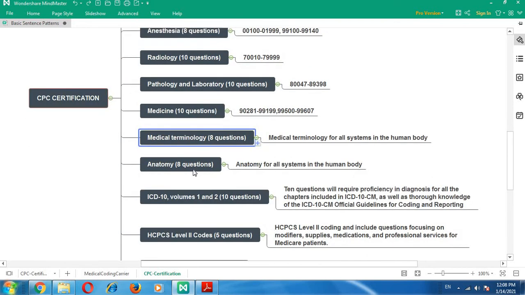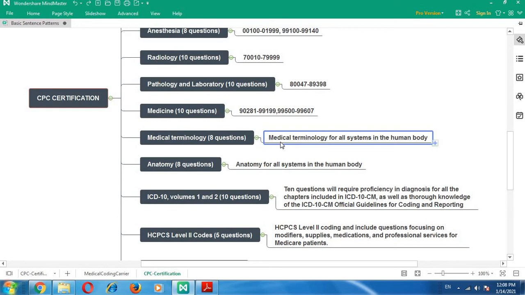The next section is the medical terminology section, and 8 questions are allotted in this section. It includes all the systems of the human body. It's not medical terminology codes. It includes all the prefixes, suffixes, and how exactly a medical term is designed.